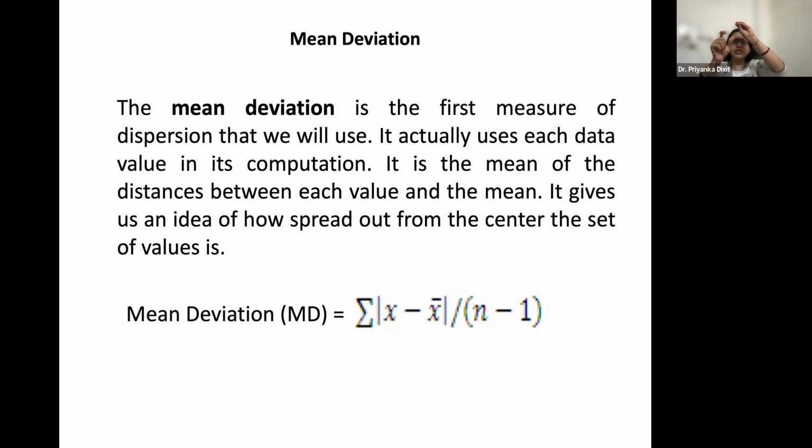What we are going to calculate, x minus x bar, means this is my x bar, the mean, and this is one x. So I'm going to calculate how much is the distance, xi minus x bar, this distance, then this distance, then this distance.